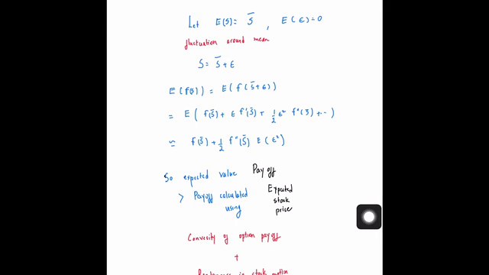The randomness tells you how badly your evaluation of the payoff function using the expected stock price is going to mismatch with the expected value of the payoff. The more the randomness, the more will be the difference between the expected value of the payoff and the payoff calculated at the expected stock price.